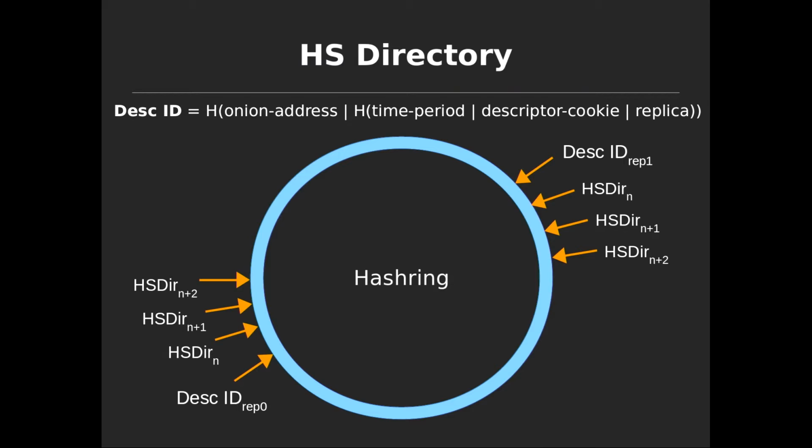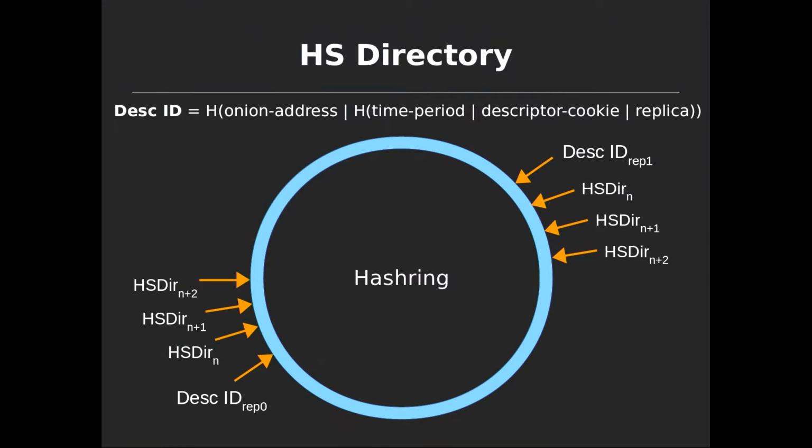There are 6 relays at any given point that are responsible for knowing where a given Onion service is. So when I'm running my own Onion service, I compute which 6 relays they are, and I publish my descriptor to them. And when I'm the client and I want to go there, I compute which 6 relays they are, and I go to any one of them, and I can fetch the descriptor.